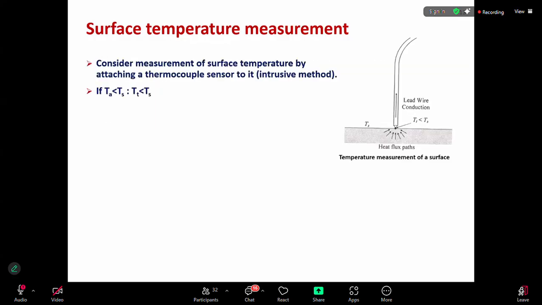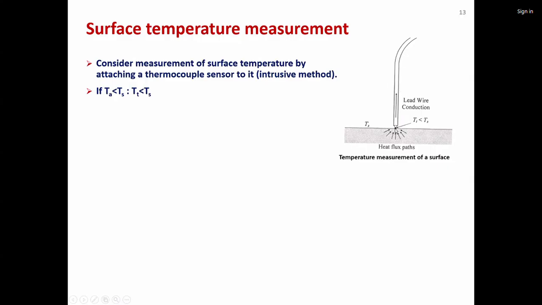We said that when you are trying to measure temperature of a surface using a thermocouple, the thermocouple comprises conducting wire. So some amount of heat is conducted into the wire from the point where you are trying to measure the temperature.